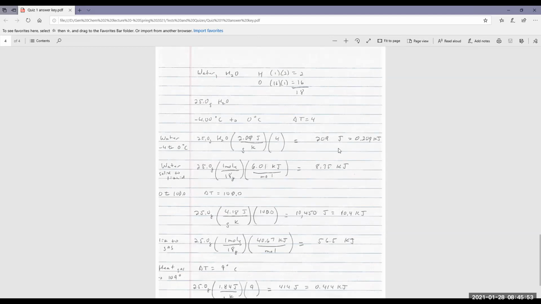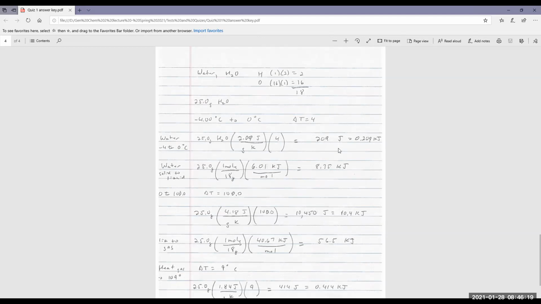With 25.0 grams of water, I'm given my constant of 2.09 joules per gram Kelvin. The delta T from -4 to 0 is a 4-degree difference. If I do that math, I get 209 joules. Converting that to kilojoules, it's 0.209 kilojoules.